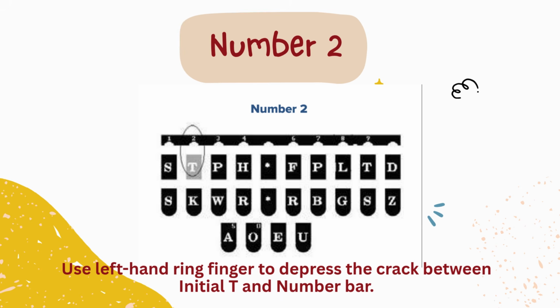But if we press only the number bar, then the number sign or nothing will appear, so there will be no number. So we make sure that our left hand ring finger presses the crack in between initial T and number bar to write number 2.